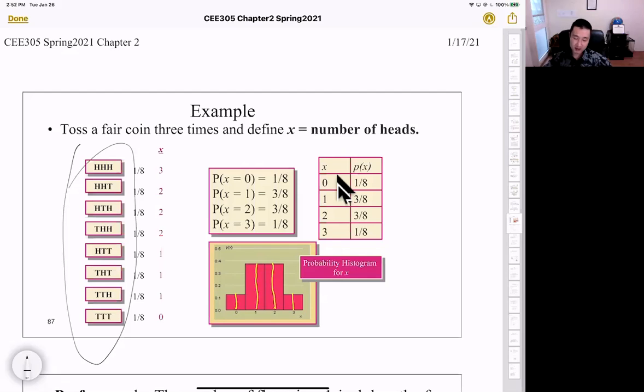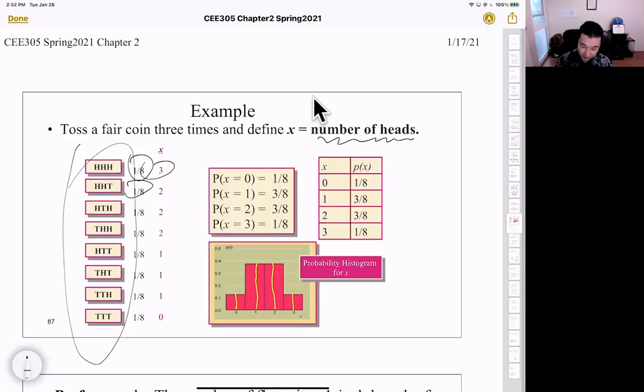Because X is defined as the number of heads, let's count the number of heads for each of these outcomes. The first one, HHH, has 3 heads, so X is equal to 3. The second one, HHT, has 2 heads, so X is 2, and so on.